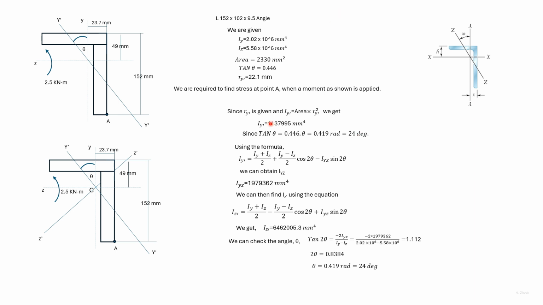Since we now know I y dash, we can use the formula for I y dash to find out I yz. With I yz obtained, we can find out I z dash. We can do a check by finding out theta again, which comes out as the same value.